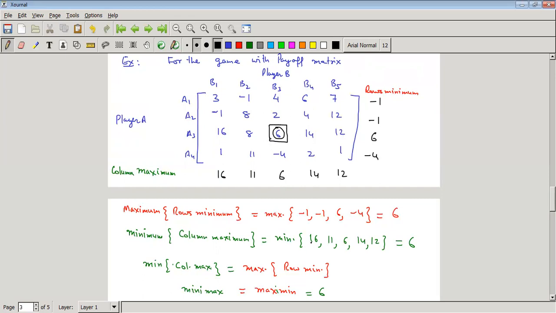So the best strategy for player A is A3 and for player B is B3.